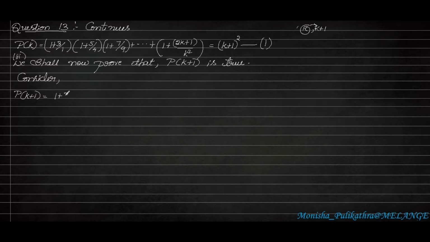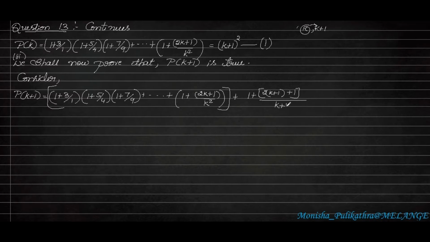It will become 1 plus 3 by 1, 1 plus 5 by 4, 1 plus 7 by 9, up to 1 plus (2k plus 1) by k square. Up to here we can arrange it as a group. After that, 1 plus (2(k plus 1) plus 1) divided by (k plus 1) whole square.